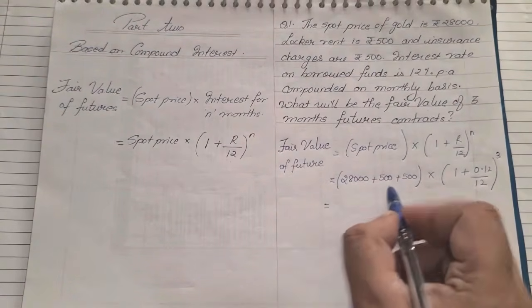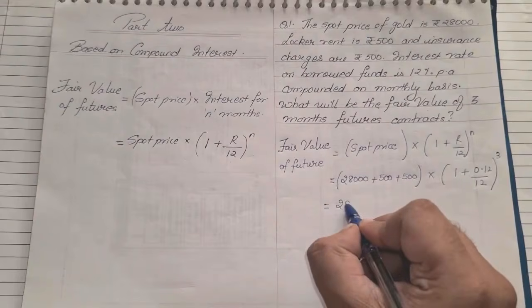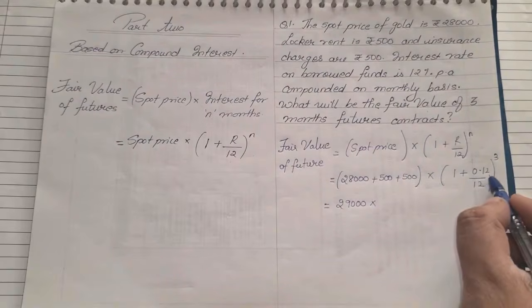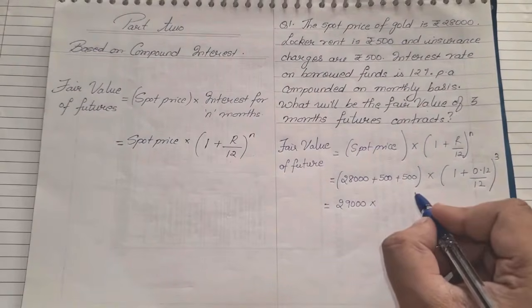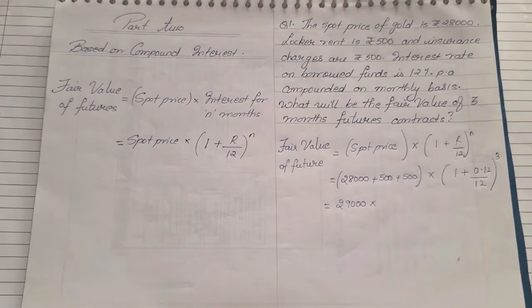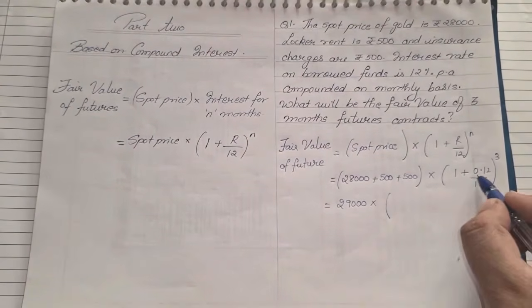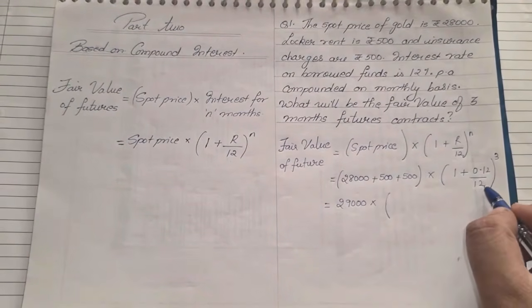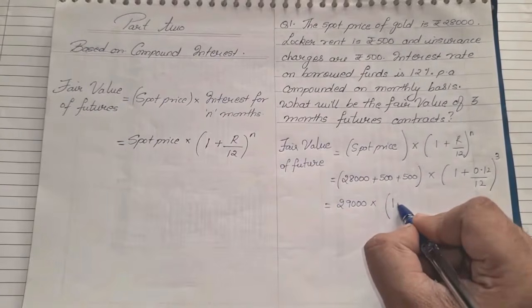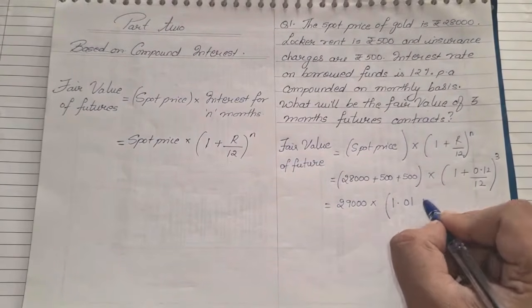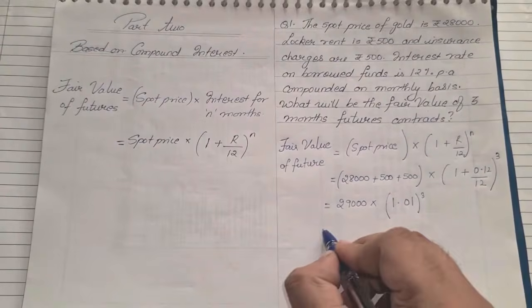Now 28 plus 5 is 29,000 into, now 0.12 divided by 12 will give you 0.01, so your value would be 1.01 raised to the power of 3.